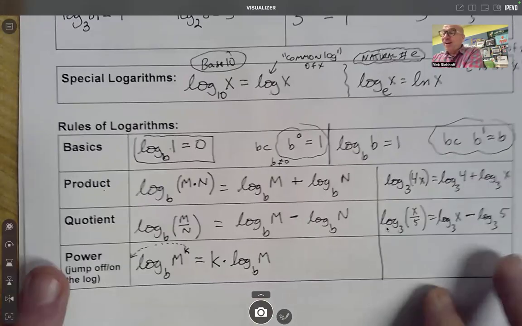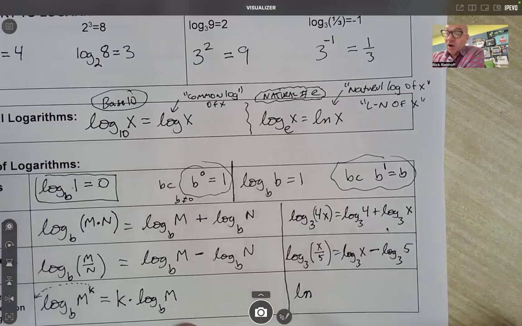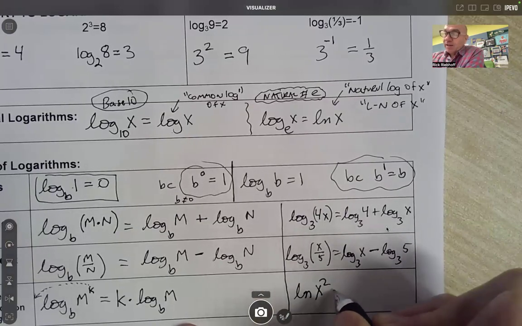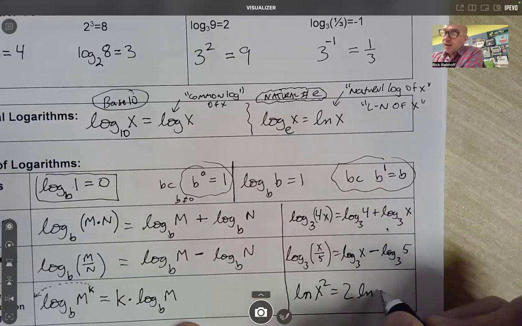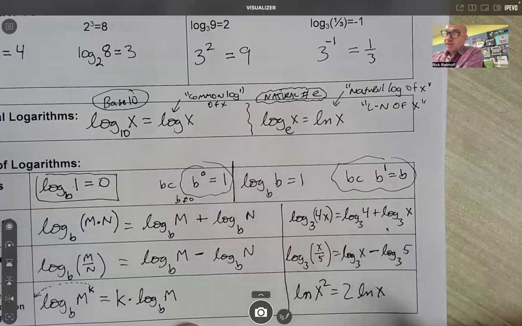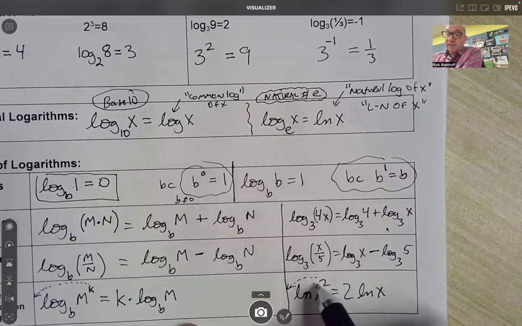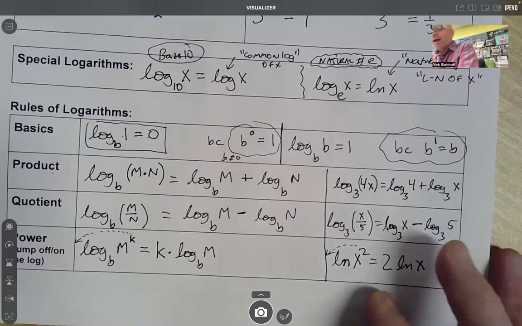It's really kind of fun. So with natural log, ln of x squared is equal to 2 times ln of x. So that 2 gets to jump off the log. So exponents can jump off. So fun, so fun.